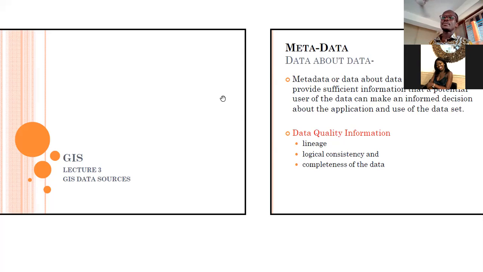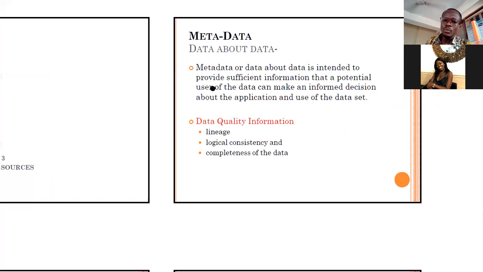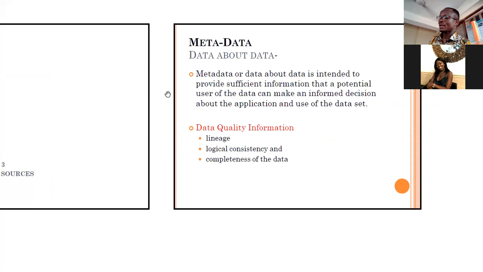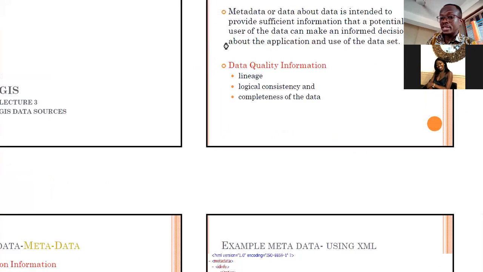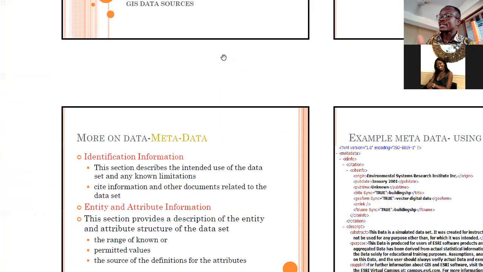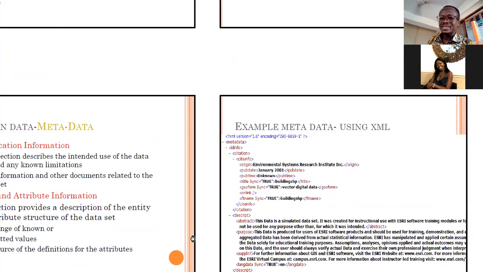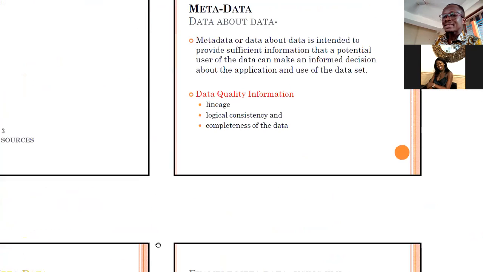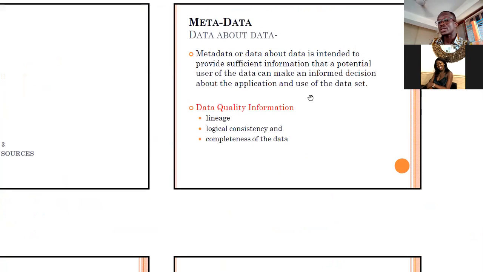The metadata is really data about data, but the way I've presented it is the best way to put it. Otherwise, any other thing you see out there may not be what I want. If you Google and get something on data quality information, it's okay. If you get something on identification information, great. When you get something on entity and attribute information, good. Apart from that, anything else you get as a Google result is wrong.